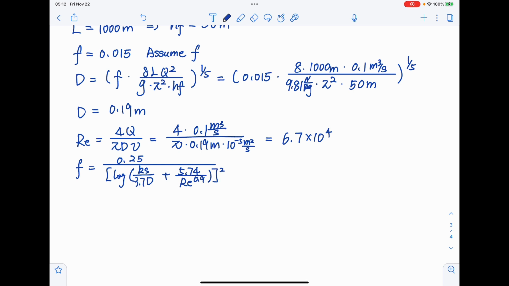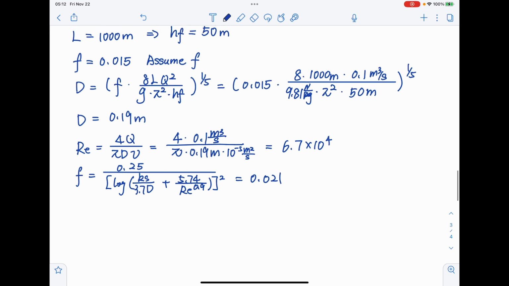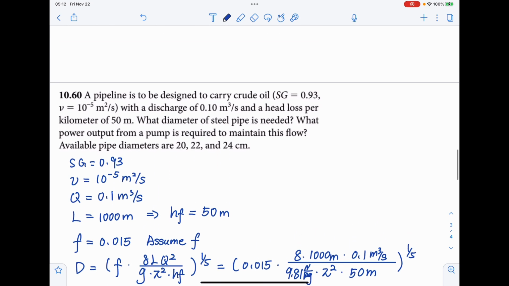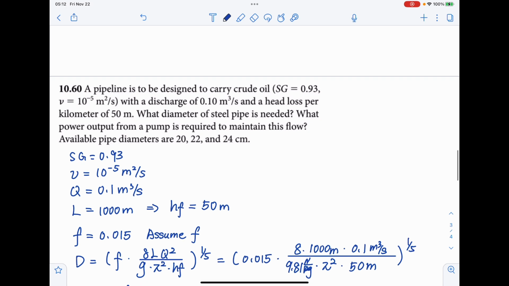Okay. And this will give us 0.021. Okay. So this is our new friction factor.